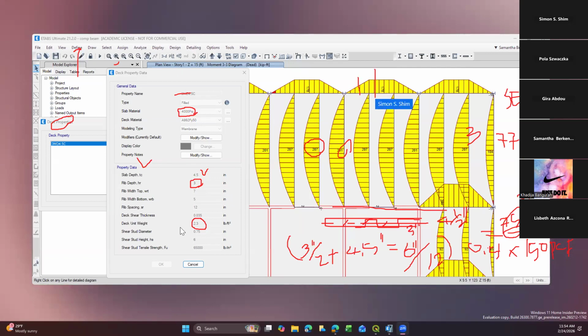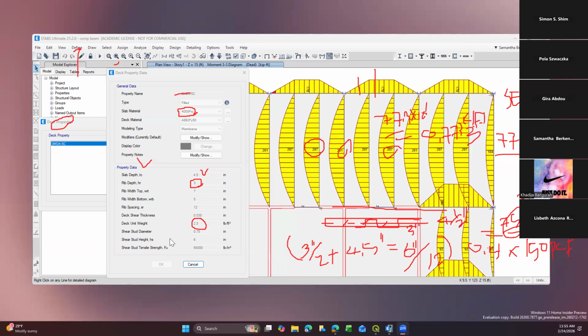This is 77.3, so roughly 77.3 times 10 feet. So this is 0.773 kips per foot, right? So roughly, self-weight of beam, for now exclude, we'll roughly check whether this number is reasonable or not.